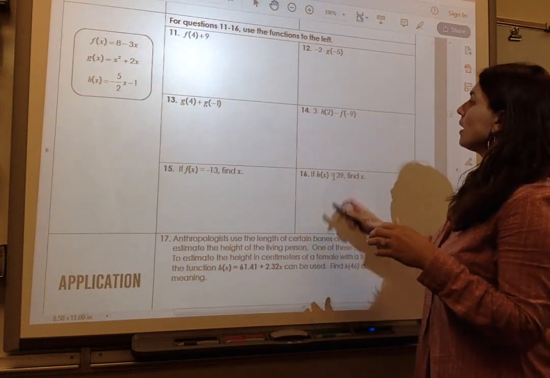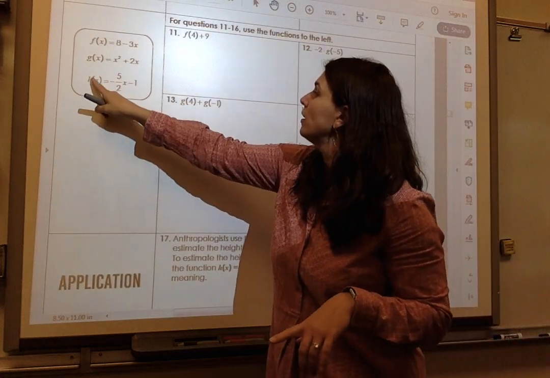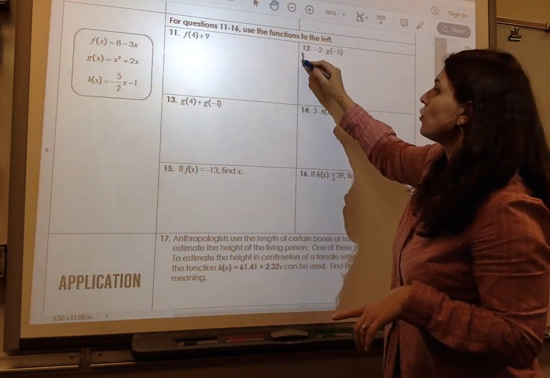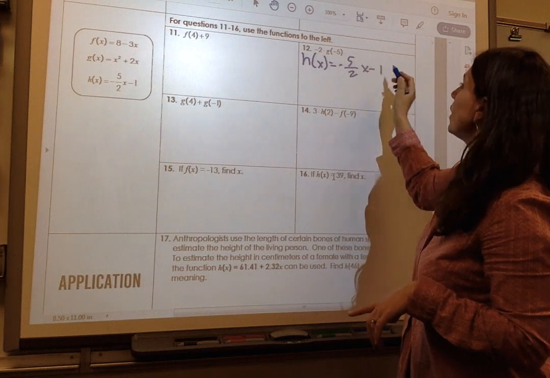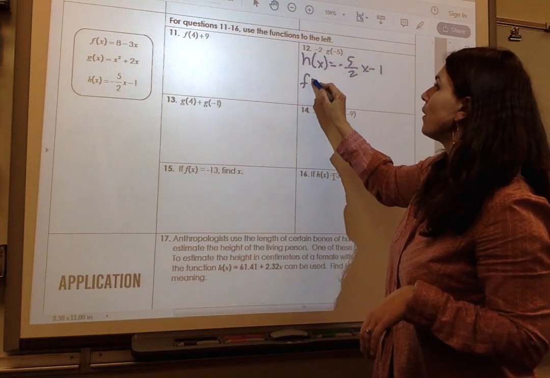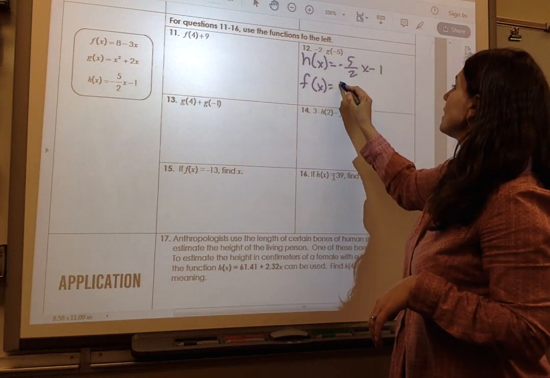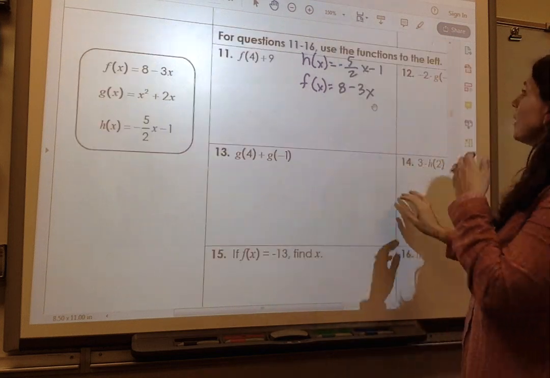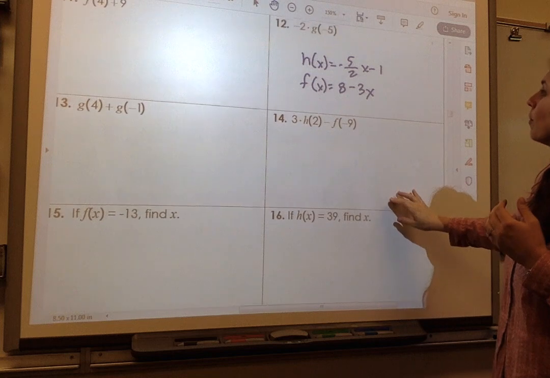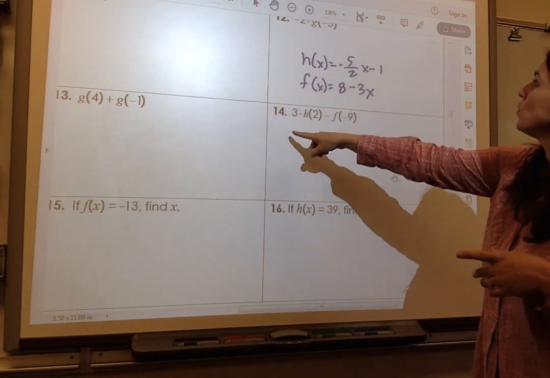So now it's talking about an h function. So my h function is negative 5 halves x minus 1. And then my f function is 8 minus 3x. So I'm going to expand this again, but now I kind of know what I'm talking about over here on number, let's do 14.